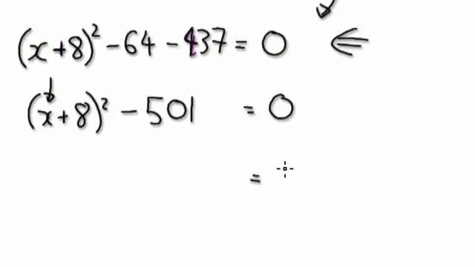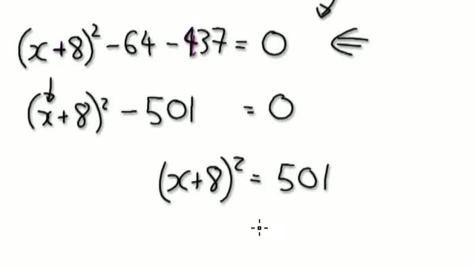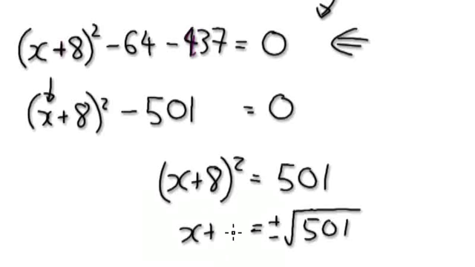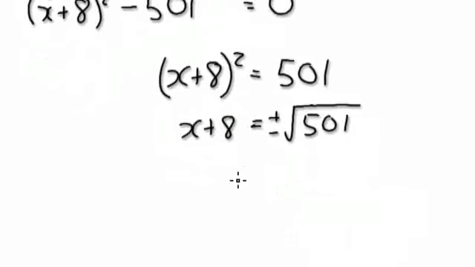So add 501 to both sides, and then square root both sides. So the square root of 501 gives x plus 8.